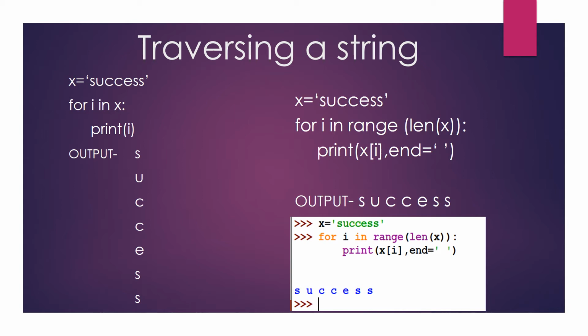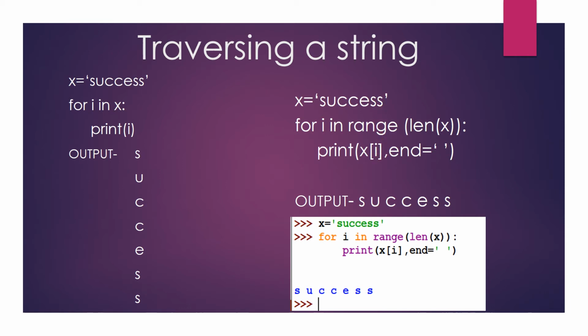So first it will print s, and then the loop will run until all the characters are accessed. The second time in i will come u, then the third c, the fourth c, then the fifth e, then the sixth s, and the last again s.